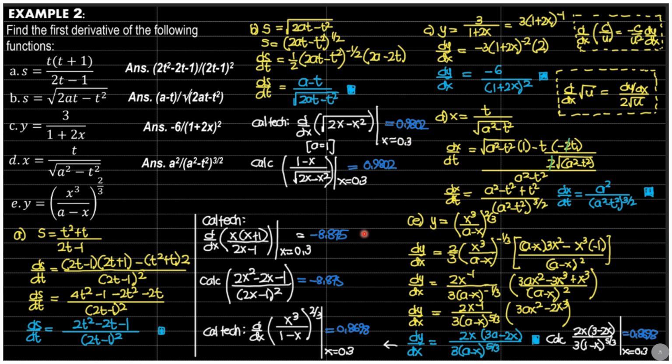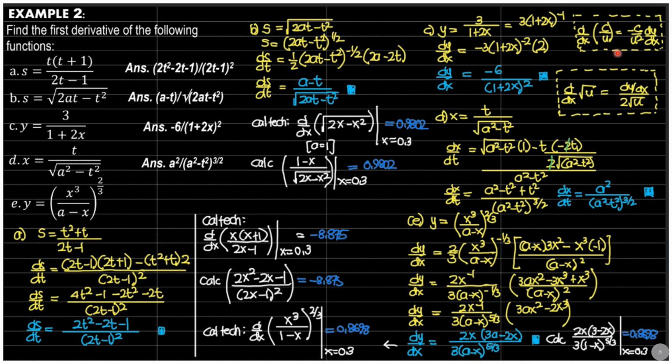Then letter C, y equals constant over 1 plus 2x. The guide is constant over u. Imagine this is u. The shortcut formula for the derivative is negative constant over u squared times the derivative of u with respect to x. But I will not do that again.